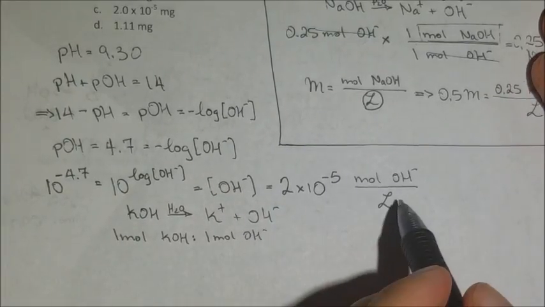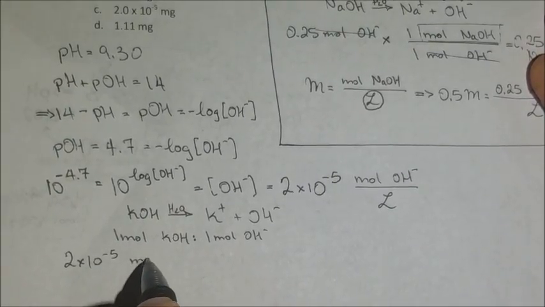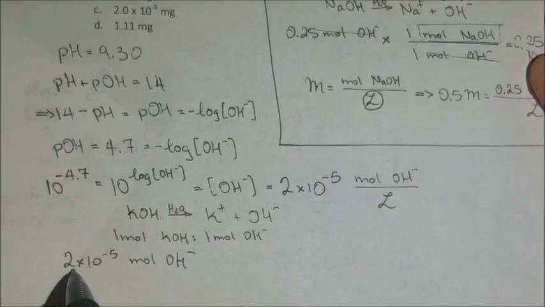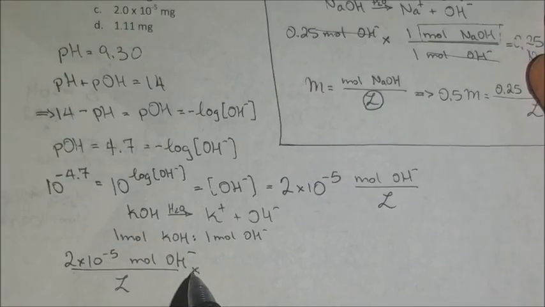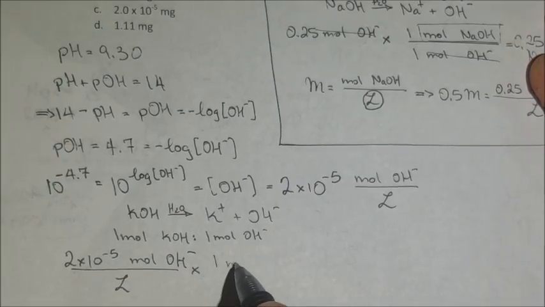So now if I take 2 times 10 to the negative fifth moles of OH minus per liter, and say how much KOH do I need to add into the solution in order to give me this many moles of OH minus, you just look at the mole to mole ratio.